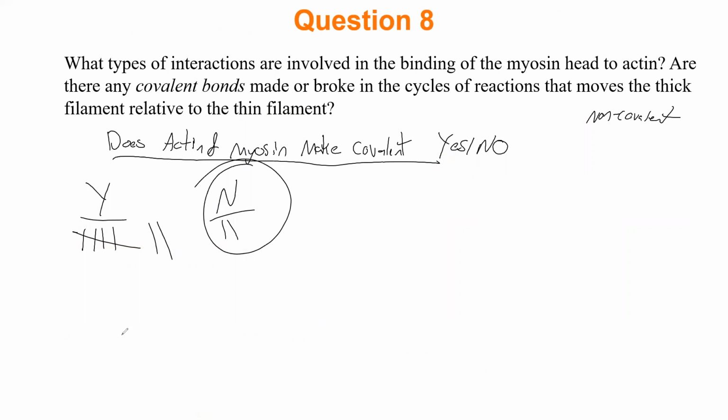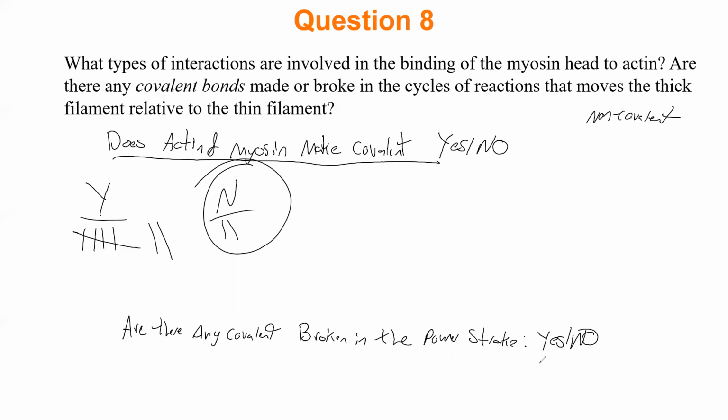So the second question, are there any covalent bonds broken in the power stroke? And again, I'm just looking for a simple yes or no. So when we are doing the power stroke, are we breaking covalent bonds?